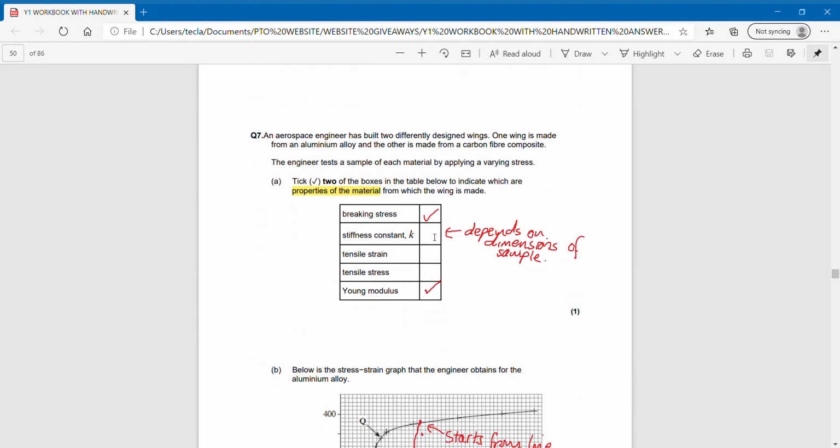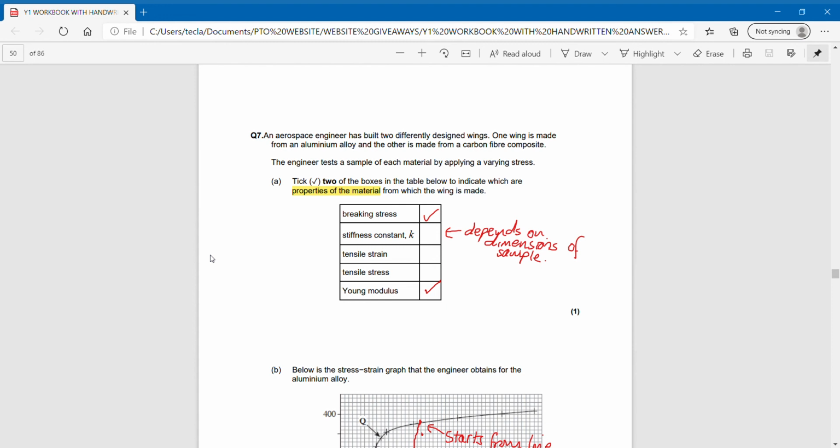Question 7. Part A. Tick two of the boxes in the table to indicate which are properties of the material from which the wing is made. So breaking stress is a property of a material. Young modulus is a property of the material.